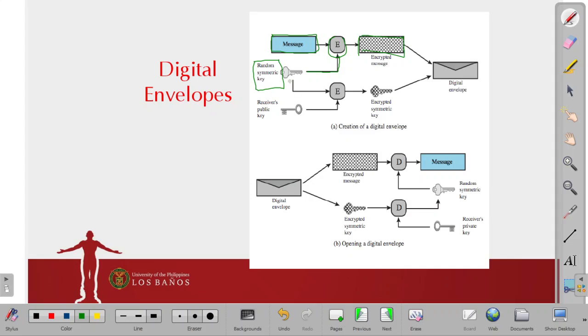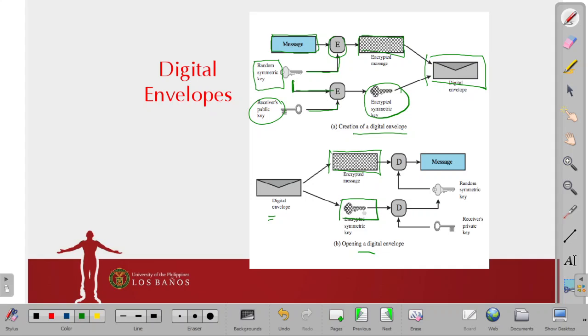And then what you're going to do is to encrypt the symmetric key you used to encrypt the message using the receiver's public key. So this will be the encrypted symmetric key, and then together you have a digital envelope which you can send to the receiver. Now at the receiver end, the envelope will be opened and you will get the encrypted message and the encrypted symmetric key.